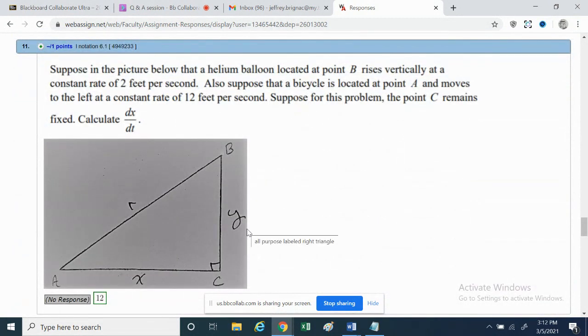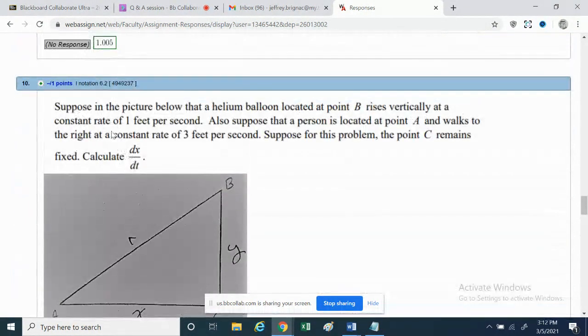Yeah, this one. Basically, as far as constant rates of change, notice on both these questions it says the balloon rises at a constant rate and the person walks at a constant rate. Anytime we hear that description, that's what the derivative is.